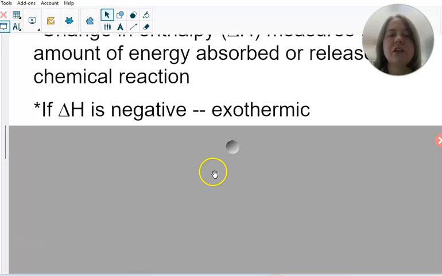If delta H, the change in enthalpy, is negative, it's an exothermic reaction. This makes sense because if it's exothermic, it released more energy, so the products have less energy. A smaller number minus a bigger number is going to give you a negative number.